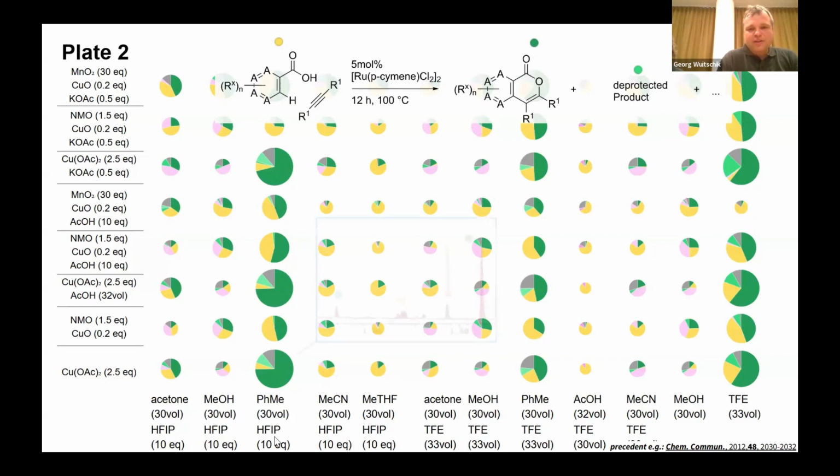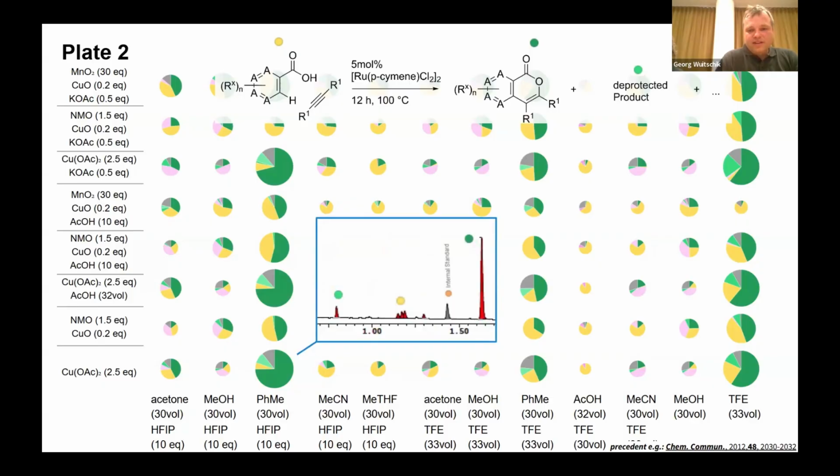And you can also see how you can iterate your way forward, and then all of a sudden a reaction that didn't look so great now isn't so bad. And you see here in the final or somewhat final reaction conditions, you have a mixture of toluene with 10 equivalents of HFIP with copper acetate.